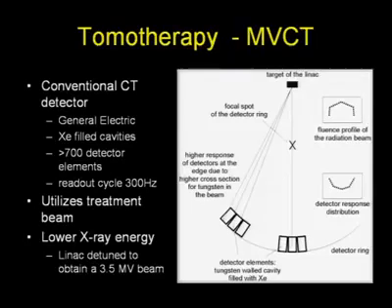The detector for this system is a little bit particular in the sense that it's essentially xenon filled cavities that are tilted with respect to the X-ray beam, so that the septa of the detectors become the build-up material and enhance the signal, or the signal-to-noise ratio, rather, that can be obtained with these systems. It utilizes the treatment beam, but is slightly detuned in order to obtain a lower X-ray energy, thereby increasing subject contrast and usability of these images.